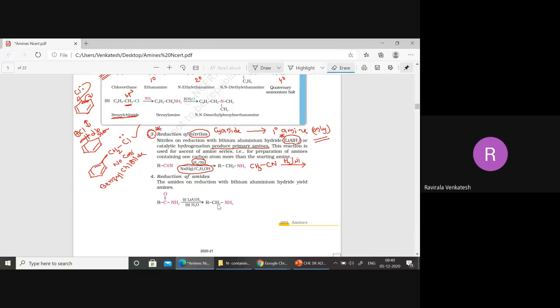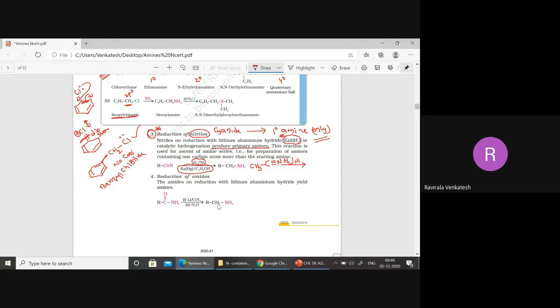So for our understanding, I will write this part in the form of bonds like this: C triple bond N. Here also C triple bond N is there. Now how to make the product here?